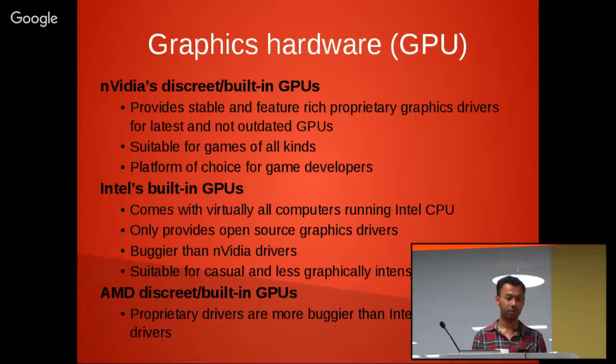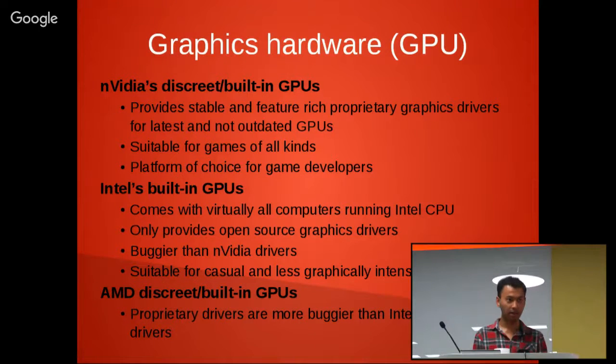Then you have Intel graphics built onto your motherboards most of the time. Intel only provides open source drivers, so you only have one option, and these open source drivers sometimes lack features, and performance-wise are also lower than nVidia proprietary drivers.